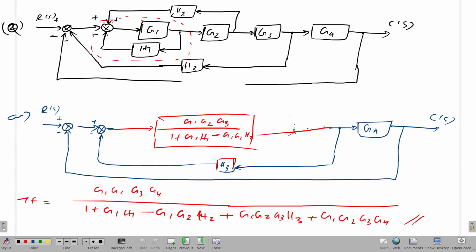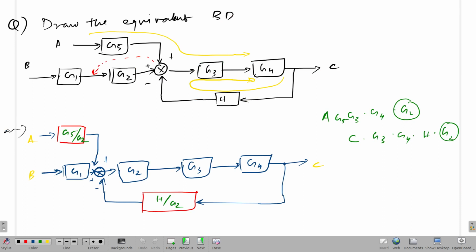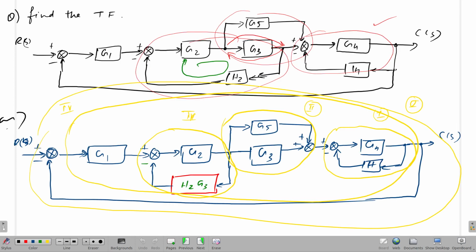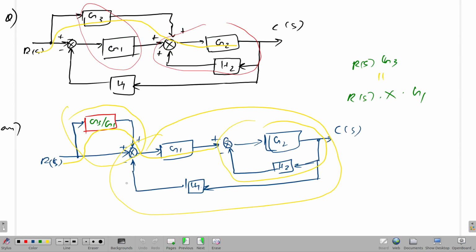Here there was a clash between this feedback and this parallel, so we shifted the takeoff point. Here there was a clash between this forward path and this feedback, so we shifted this to here.